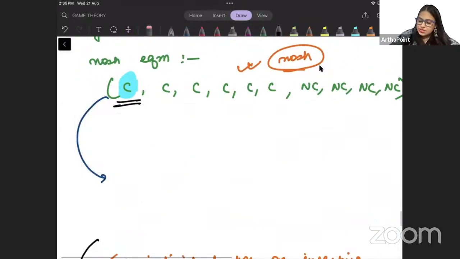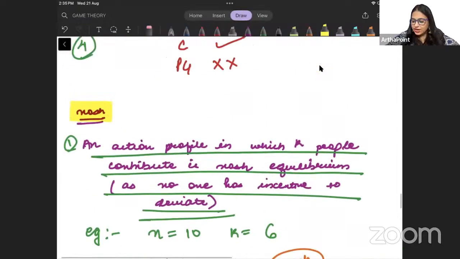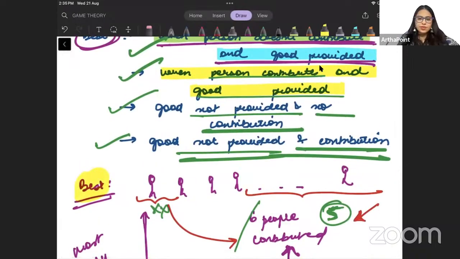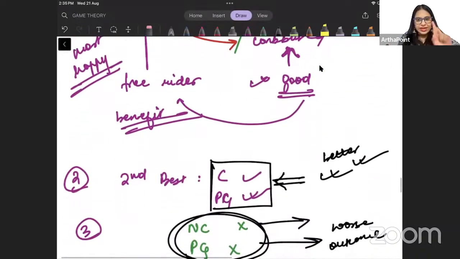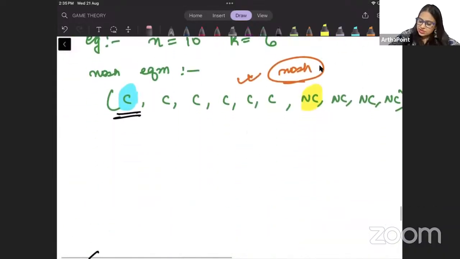Samjhe? Let us take another example. Now consider any person who is not contributing. Will they want to contribute? नहीं, public good भी मिल रहा है और contribution भी नहीं करना. You're getting the public good and you're not contributing. There is no reason why you will start contributing, right? You are currently at the first best. That means you are not contributing and getting the public good. Why will you want to go to the second best where you contribute? There is no reason. So that means this individual, he is a free rider.